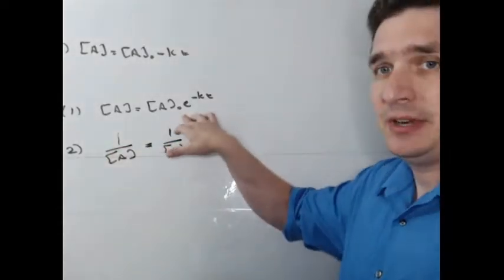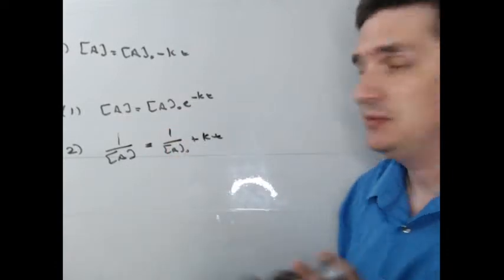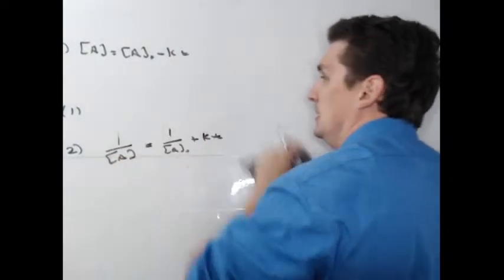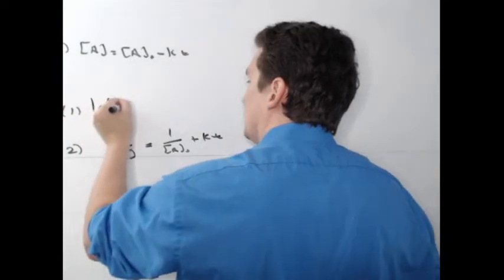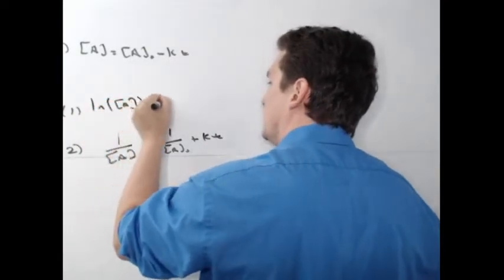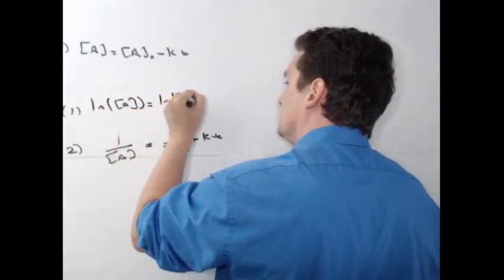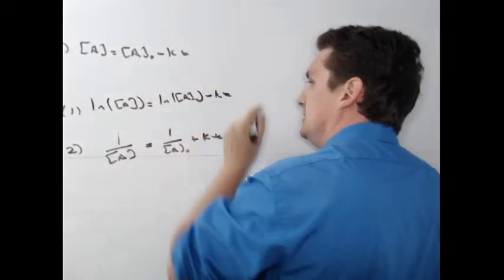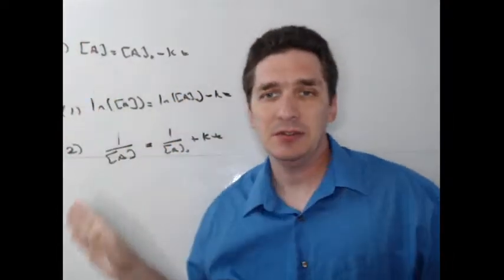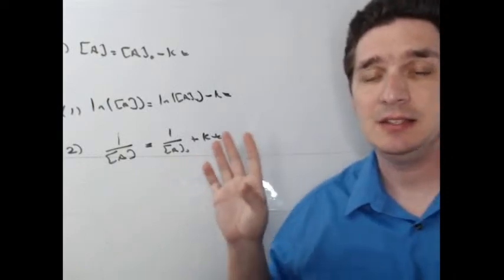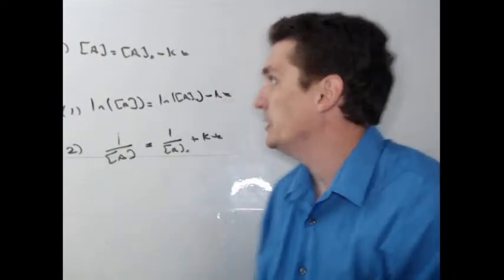Now, we can linearize this form here by taking natural logs. And if we linearize this form, we get the natural log of A equals natural log of the starting concentration minus kt. So these are the linear forms of the solved zero, first, and second order equations.